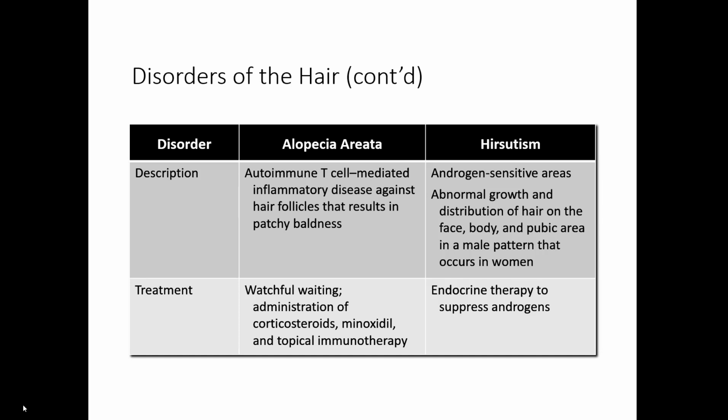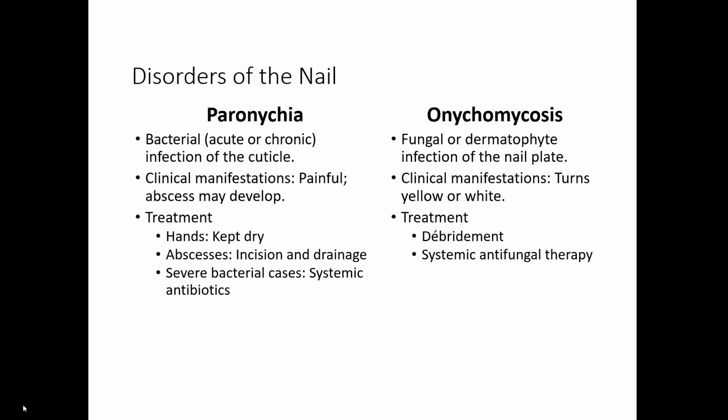When I think of this term, I think of the excessive predominance of facial hair on females. So you have the androgen-sensitive areas, abnormal hair distribution on the face, the body, and pubic area, and a male pattern that occurs in women. And how we treat this is endocrine treatment to suppress androgens.